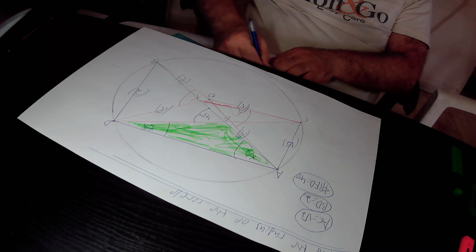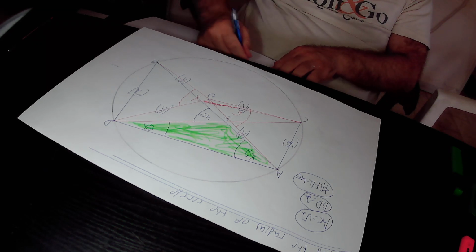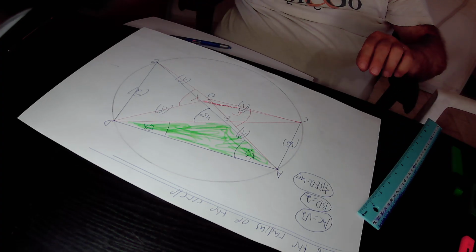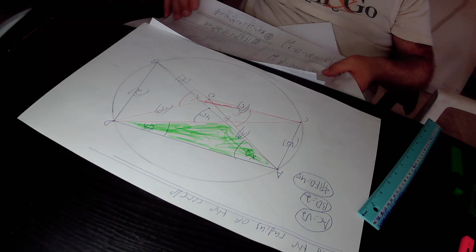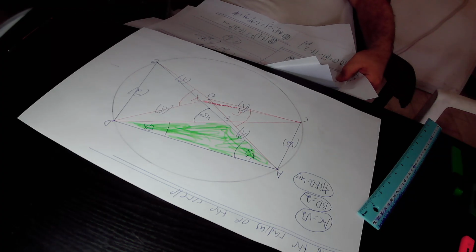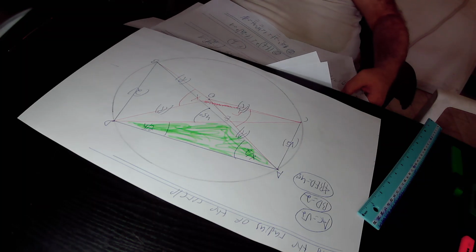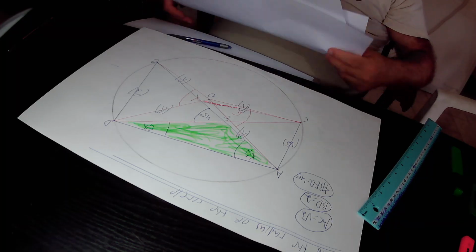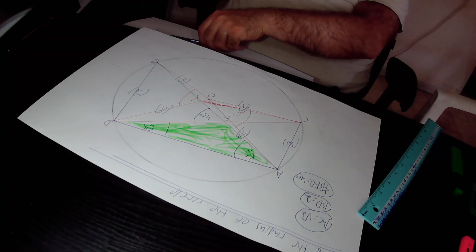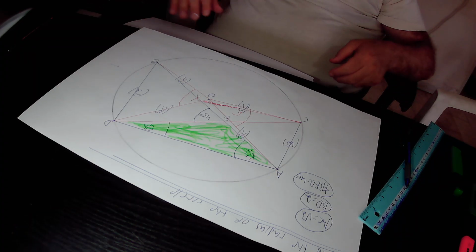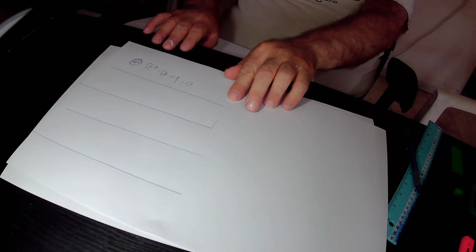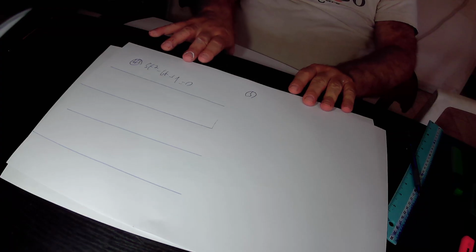So we actually found out that according to equation 3, 5t squared minus 6t plus 1 equals 0.